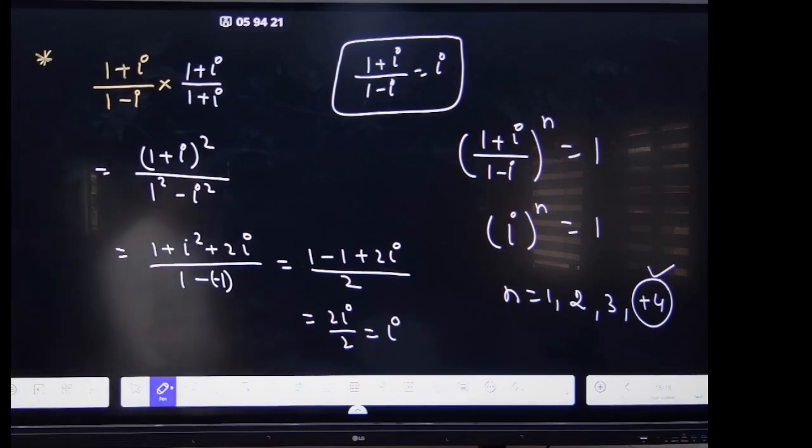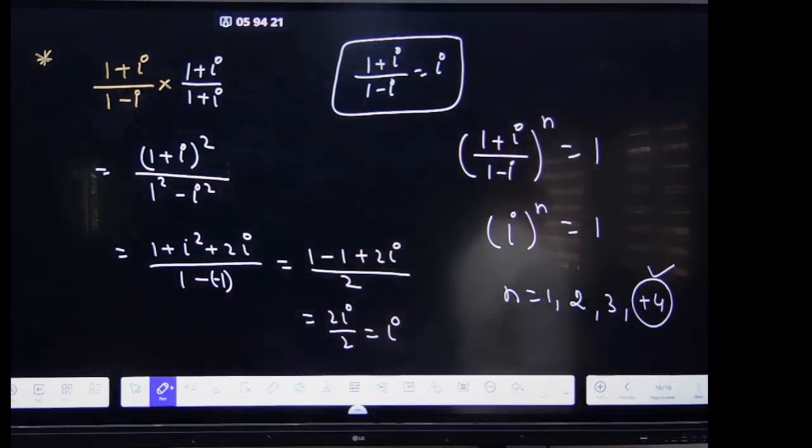Understood? Note it down. So, whenever you have 15, 16 questions, can we solve using this?